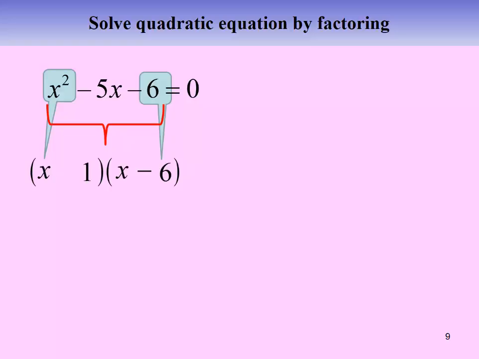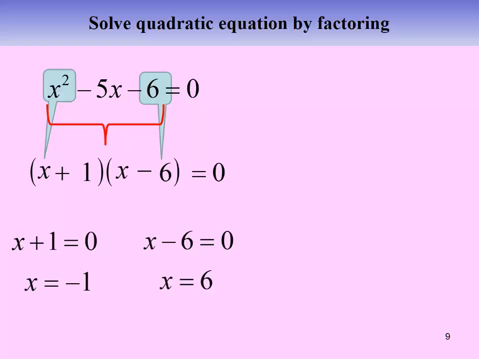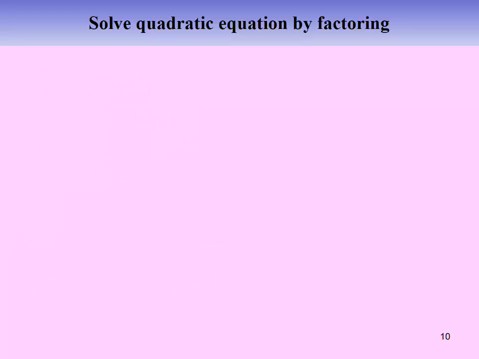Negative on the larger. When we've got 2 things that multiply together to give 0, one of them has to be 0. So we set each of these 2 equal to 0 and solve them individually. And so notice there's typically 2 answers on the quadratic equation.